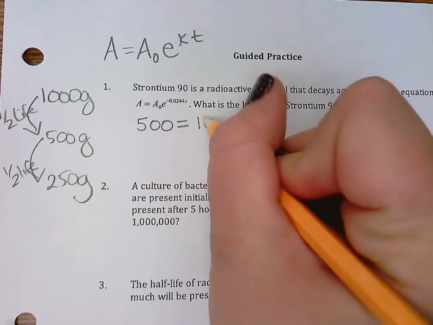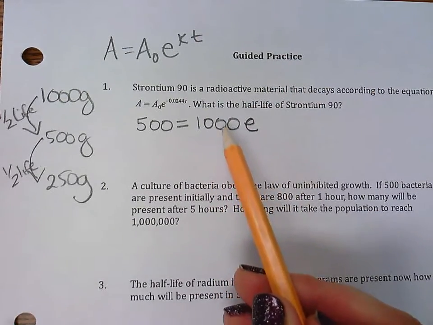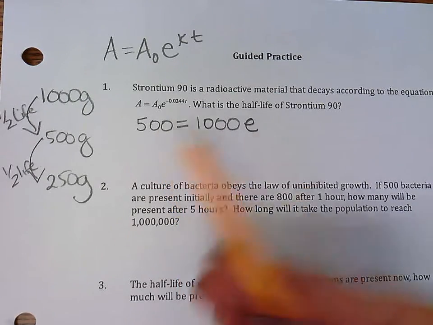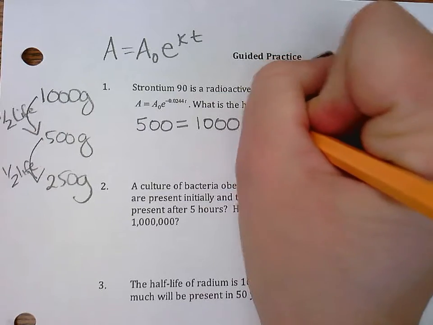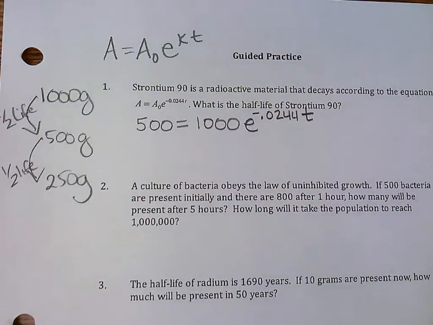No, and I'm going to show you why. Good question. So I'm picking 1,000 as my starting value, and then I'm ending with 500 after one half-life, right? So I've got negative 0.0244 t up here in the exponent.